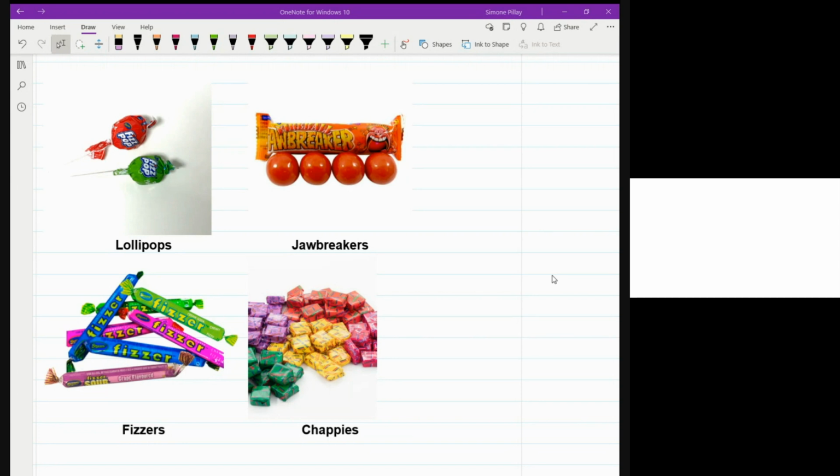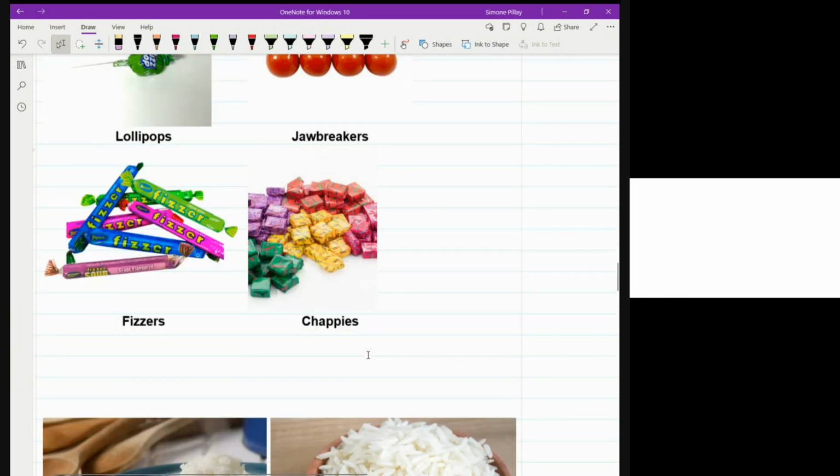But jawbreakers also sometimes come with chappies in the middle. But ma'am, lollipops can't compare. Okay. Fair enough. That was a smart play. I didn't think of that. But good decision, and thanks for answering.